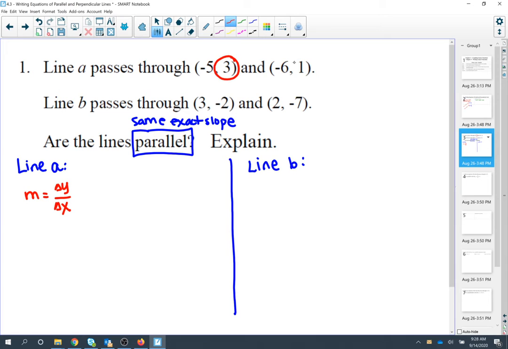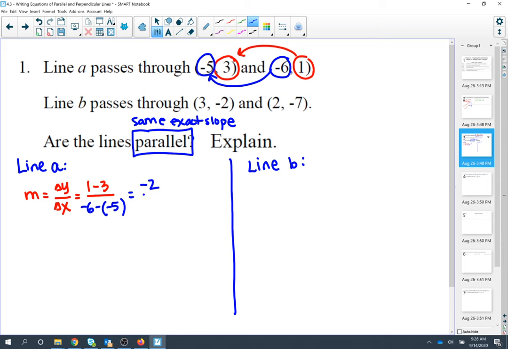So here's my y value, here's my y value, 1 minus 3 over, here's my x value, here's my x value, -6 minus -5, and be careful with your negatives. 1 minus 3 is -2. -6 minus negative, remember that's going to flip to a positive, and be -1. And then -2 over -1 is +2.